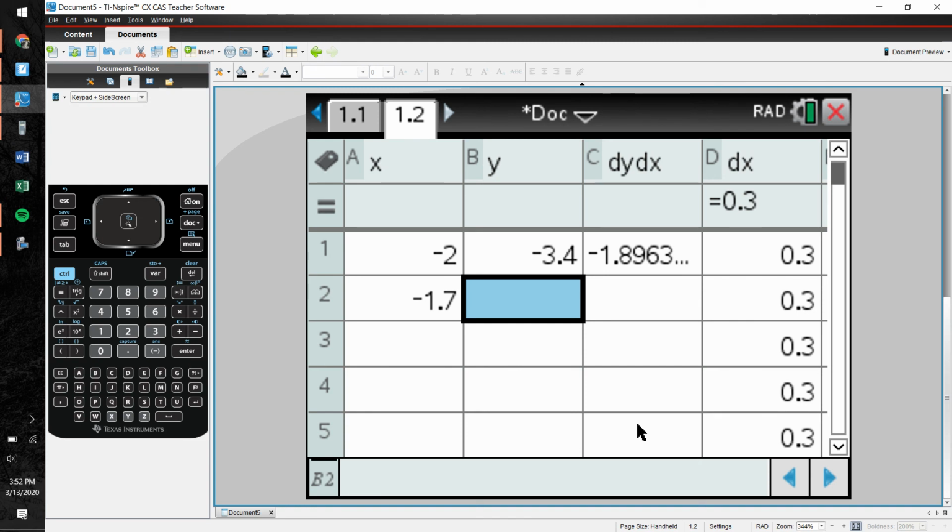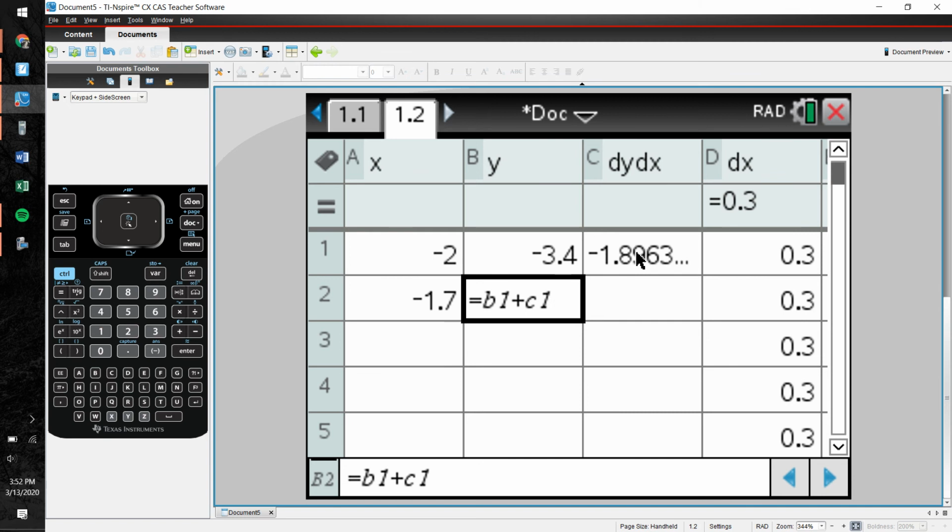So, looks easy, right? We're going to type that in right here. So the next y value is equal to the previous y value, which is found in the cell right above us. That's cell B1. And then we're going to add to that the value of the derivative evaluated at the ordered pair negative 2, negative 3.4, which is exactly the value that we computed right over here in cell C1.